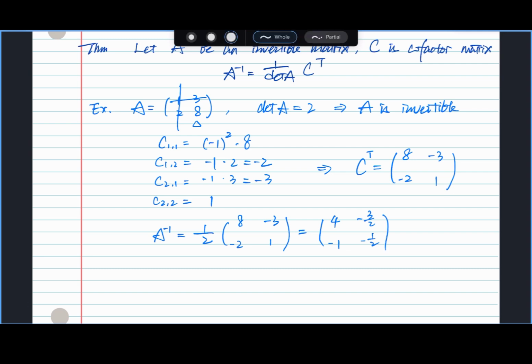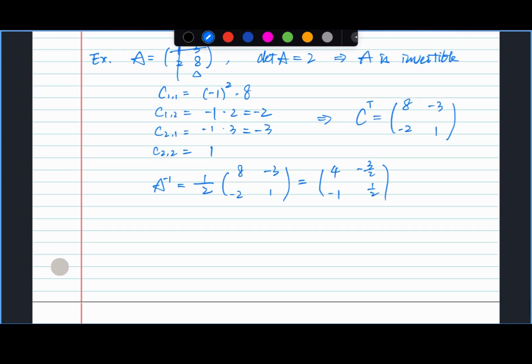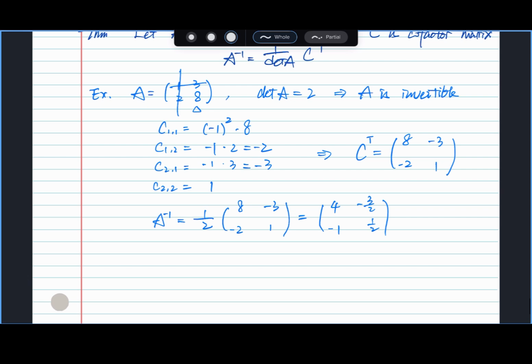Yes, right. Okay, so this is how to calculate the A inverse.